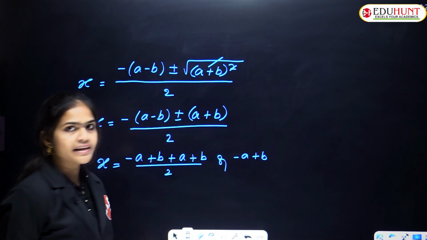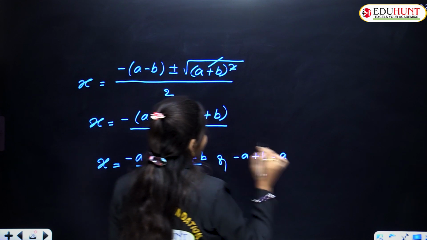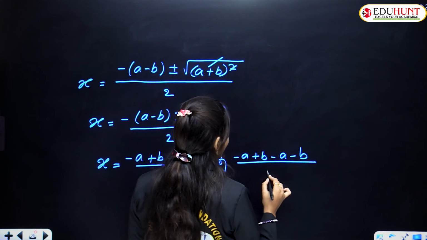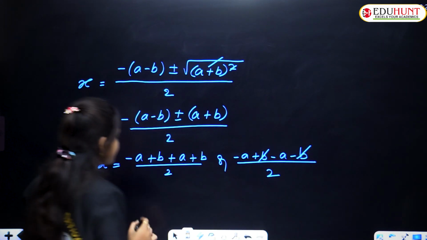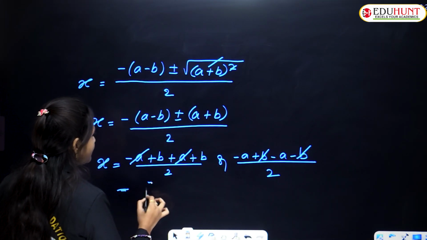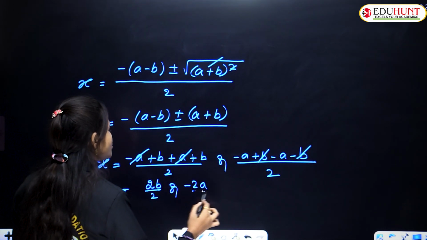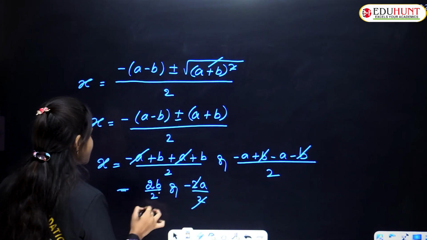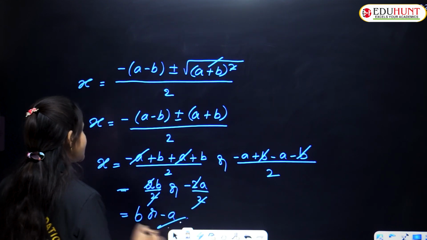Now I am taking the negative sign, so minus into a is minus a, minus into plus is minus b, whole by 2. Clear? So plus b and minus b get cancelled. Here minus a plus a gets cancelled. So 2b by 2 or minus 2a by 2. 2 and 2 get cancelled, 2 and 2 get cancelled, which is equal to b or minus a.